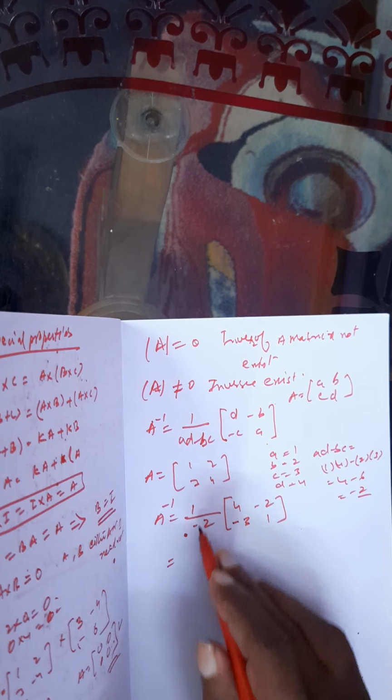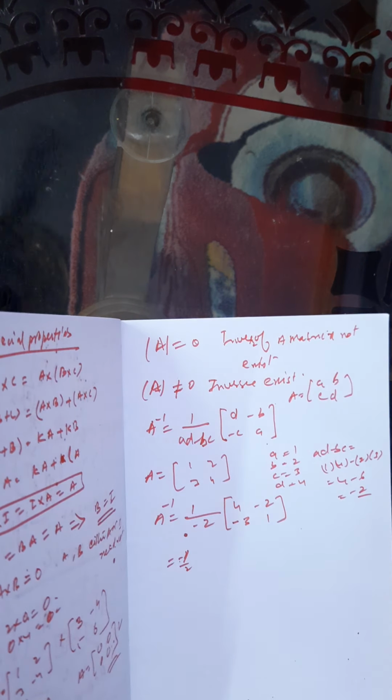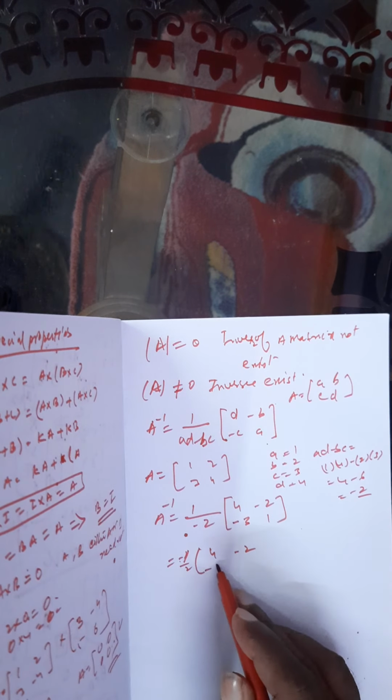Now interchange: 4, negative of B, negative of C, A. So this is 1 by minus 2 times the matrix 4, minus 2, minus 3, 1.